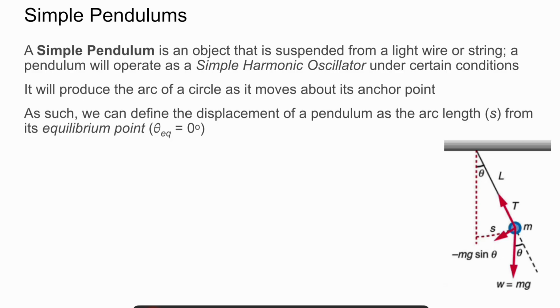That point of equilibrium will sit down when it is not in motion. It will just sit right here, and that will be its x equilibrium. We can think about that as making an angle with the vertical, and the angle right there will be 0 degrees. Then when we move it to any other position, we can find an angle, and that angle will be some number of degrees from that original vertical position.